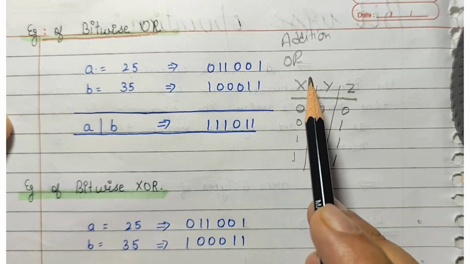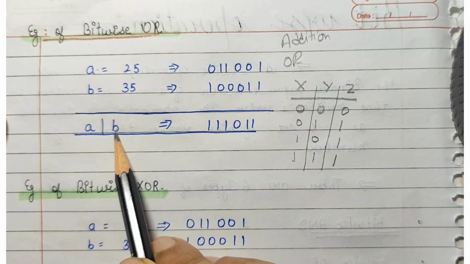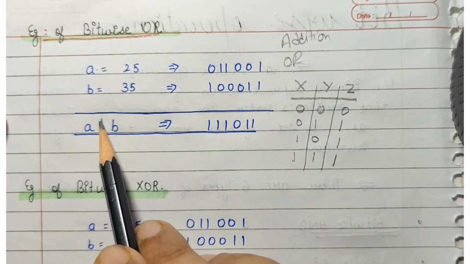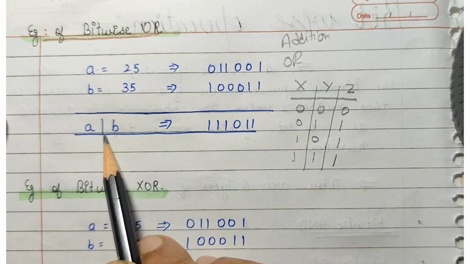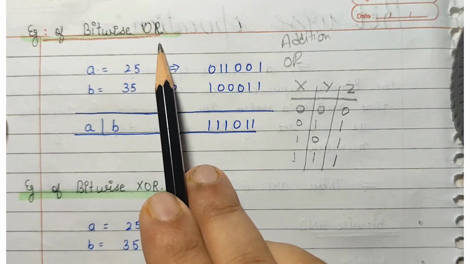Now we apply this bitwise OR operation on both variables A and B. The single vertical line is the symbol used for bitwise OR, and this symbol is used only for bitwise OR.